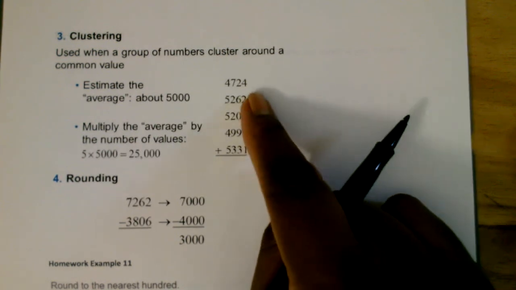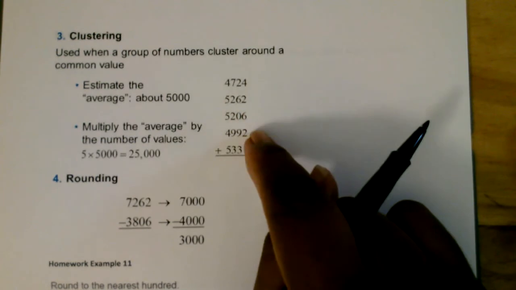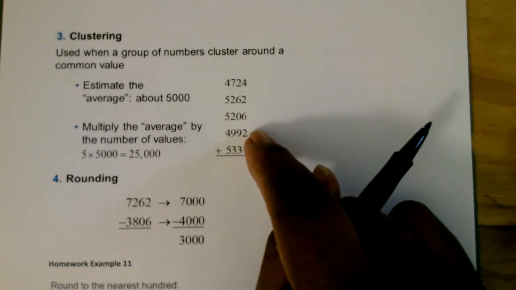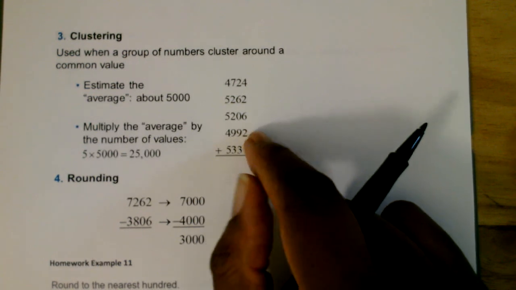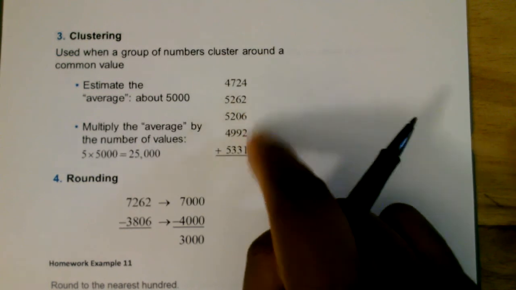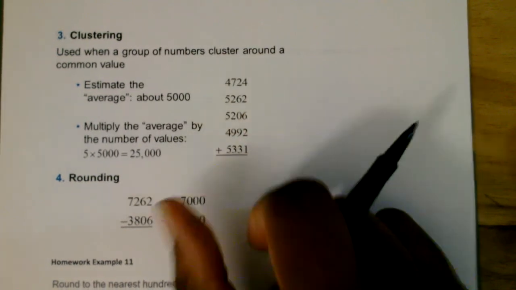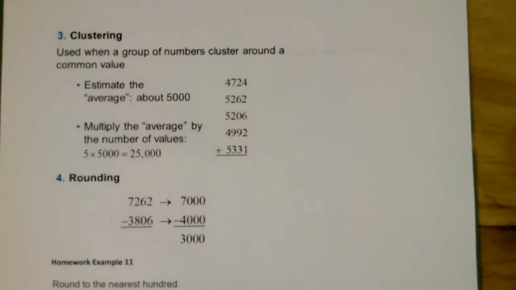Because you got 3 numbers that are above 5,000, and only 2 numbers that are real close to 5,000. So if I take the average, in quote, of 5,000 multiplied by the 5 numbers that I have here, I got 25,000. So the sum of these 5 numbers would be approximately 25,000.